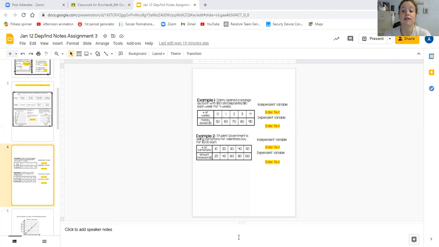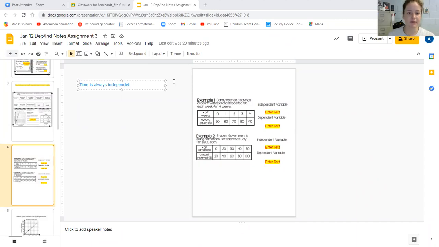All right, so if we're looking at example 1, remember the notes that we talked about. Time is always going to be what? What is time always going to be? Chat it up. Maria? Very good.